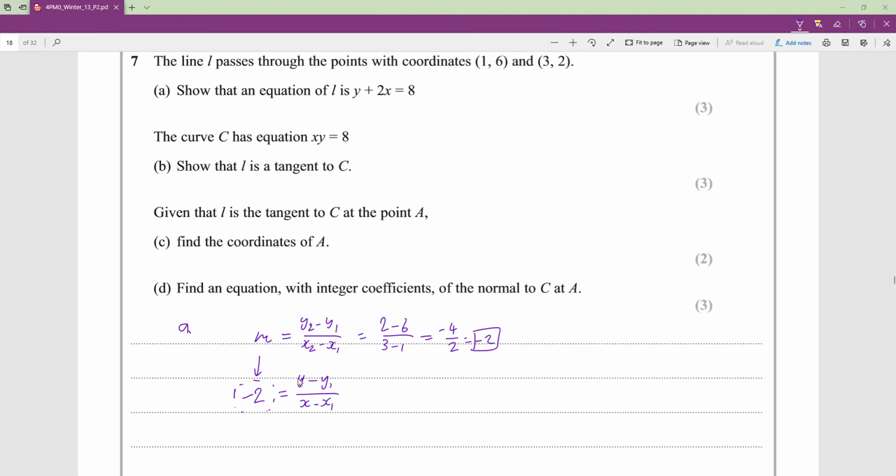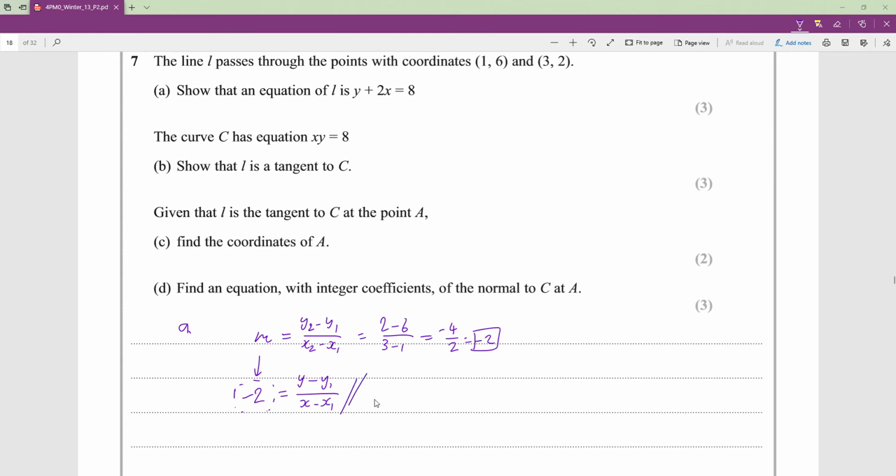And this y and x, I do not mean to be a specific value of y or x, but just y or x in general, because in order to calculate the gradient from that point to our point (1, 6), this equation will have to be true. So we can actually use this as an equation for our line.